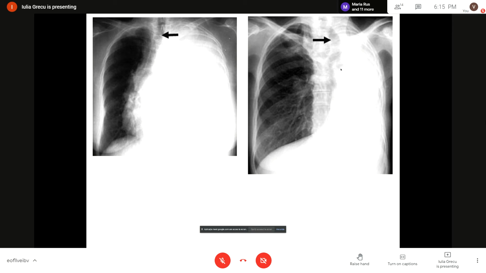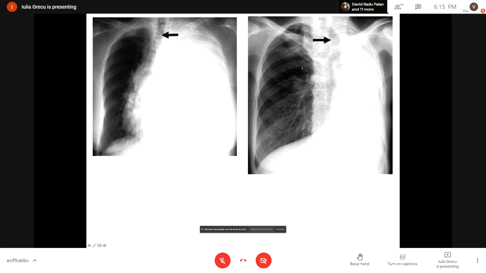Air, where? A pneumoperitoneum is air in the peritoneal cavity, so in the abdomen. It's quite far. Well, I meant like a pneumothorax. Yeah, that's what I was going with.